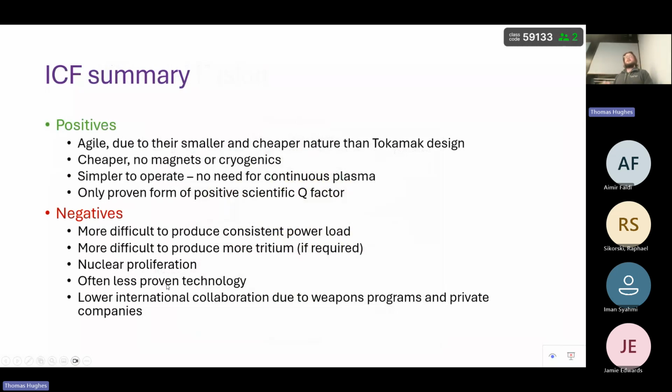But at the same time, you've got a lot of mechanical components which could go wrong, especially in the presence of a lot of radiation, lots of temperature, and they're also moving quite quickly. So it might be difficult. Technically, it is the only proven form of a positive scientific Q factor. It's not just theoretical like with a Tokamak.